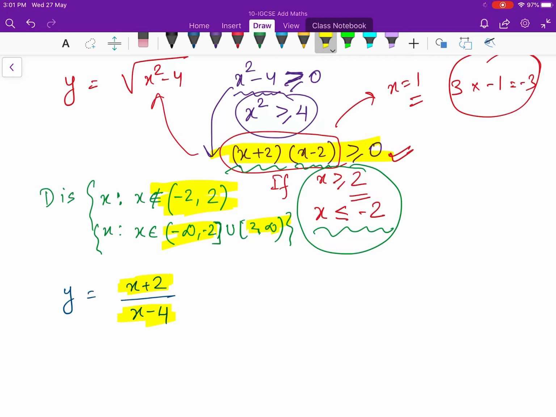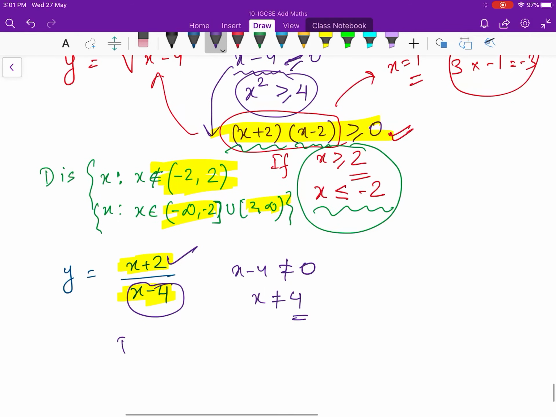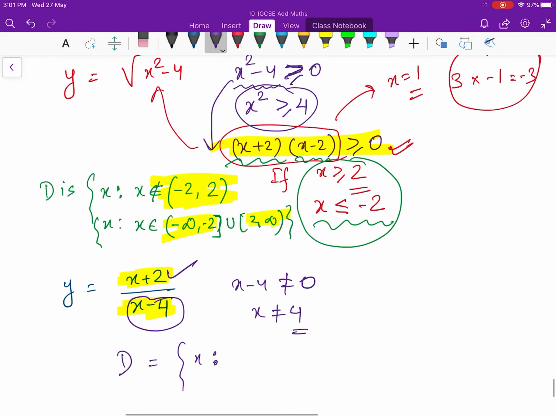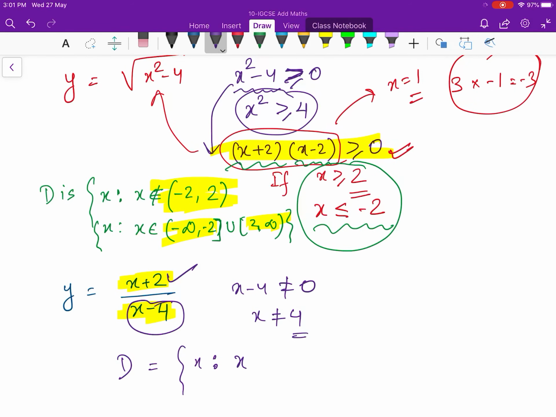So this is defined for all values of x, but here x minus 4 should not be equal to 0, so x should not be equal to 4. So the domain of this will be x such that x is not equal to 4.